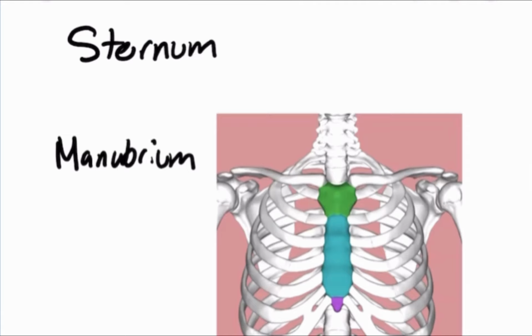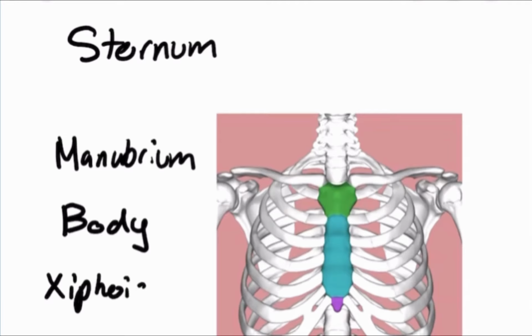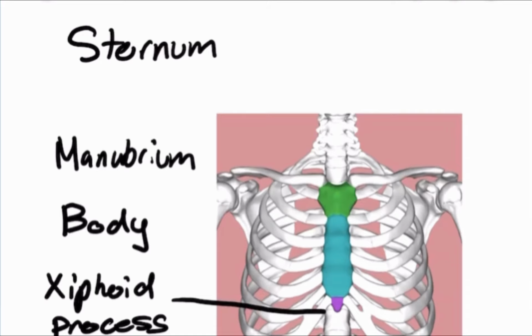The middle part is called the body, and that very small part at the end of it at the bottom is called the xiphoid process. Right there. So here, here, and here.